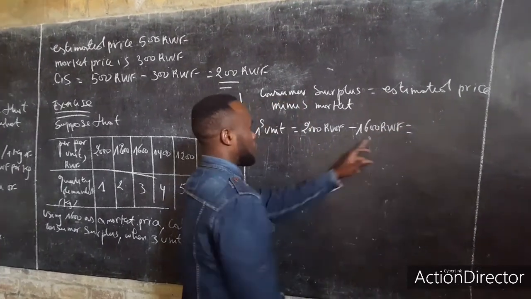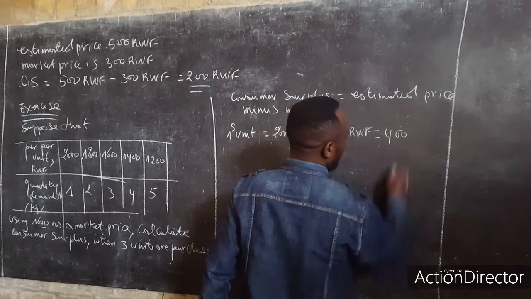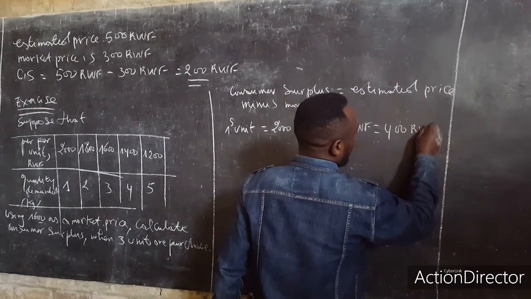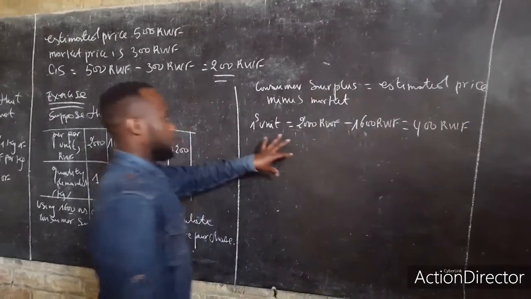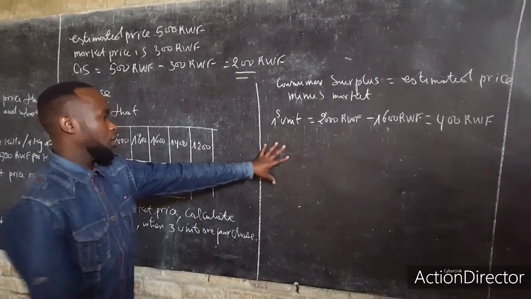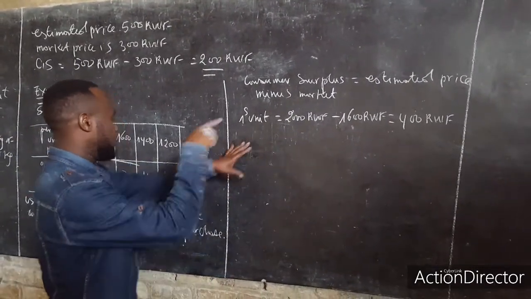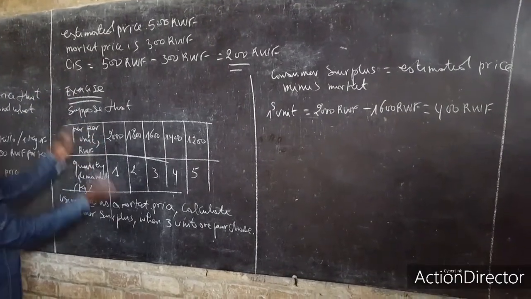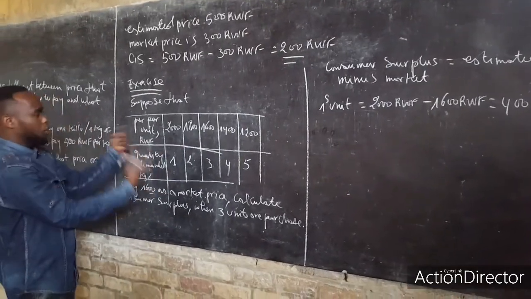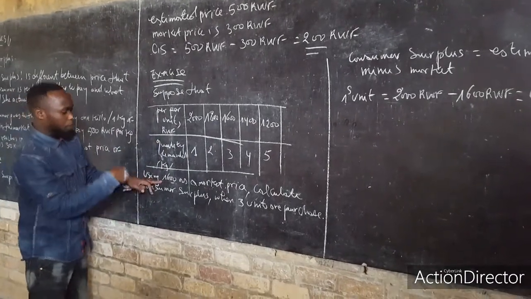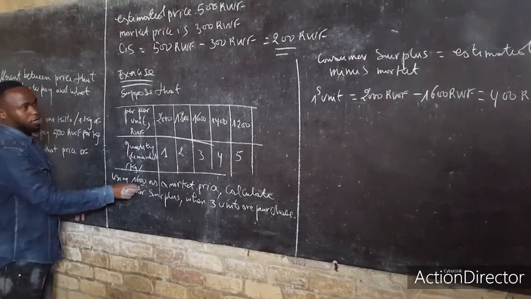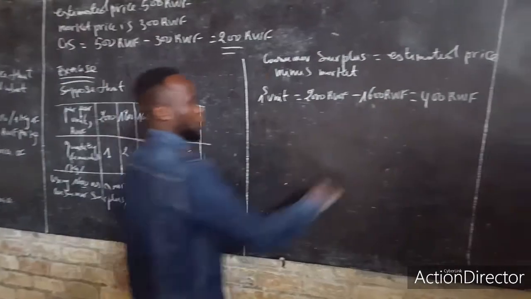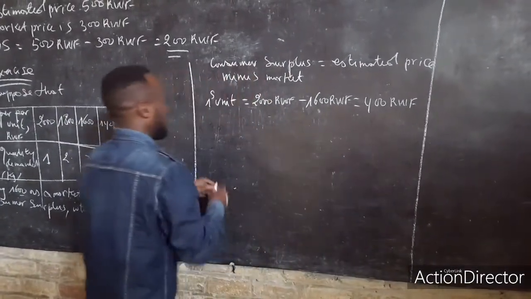The result is equal to 400 francs. Meaning that when the consumer is estimated to pay 2,000 for only 1 unit, then he reaches the market and the price is 1,600, the consumer will enjoy 400 at first unit.